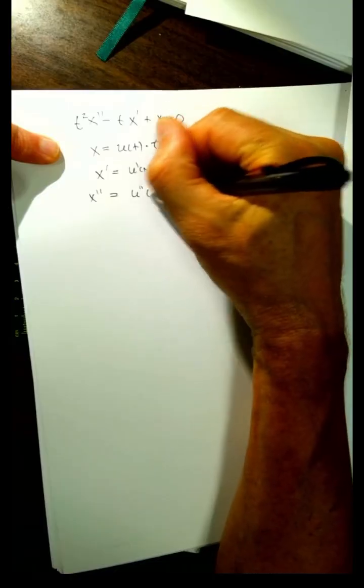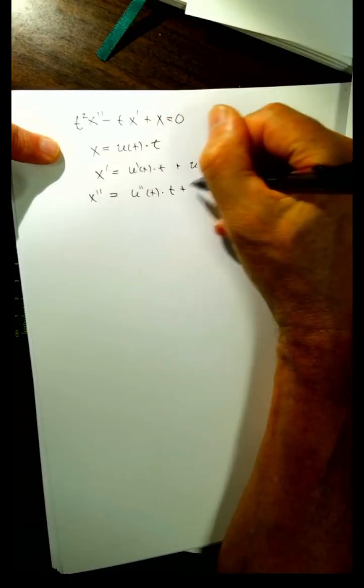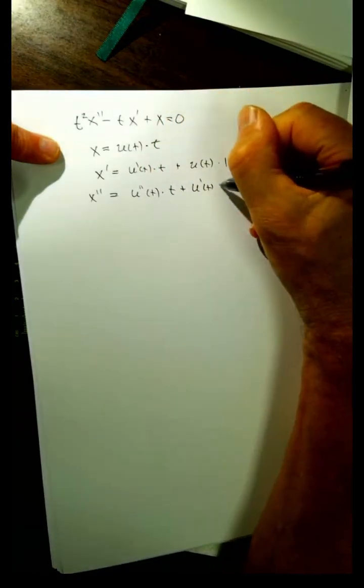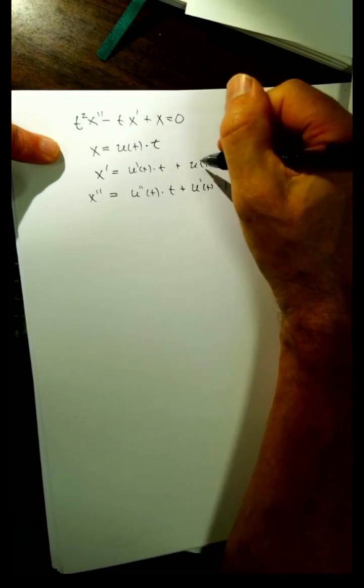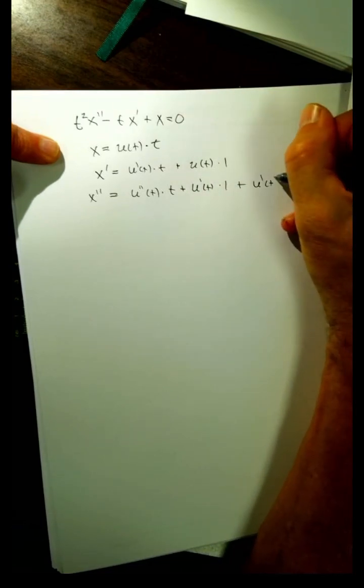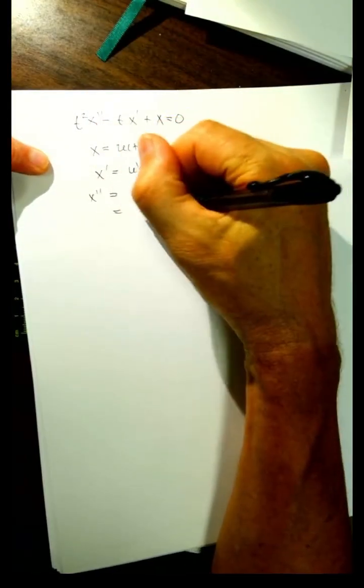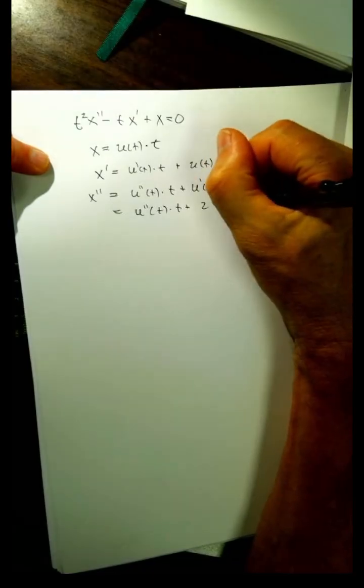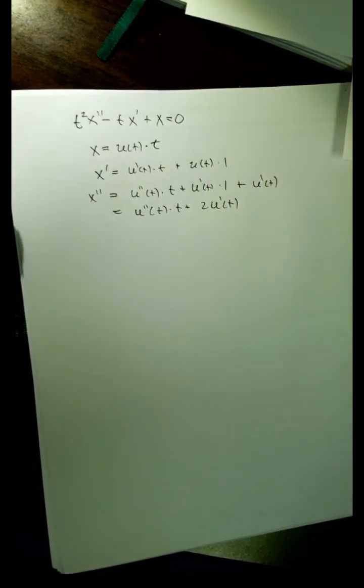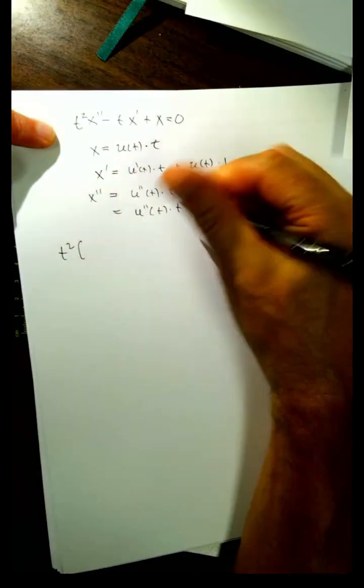So this becomes u double prime times t plus u prime, derivative of t is 1. And now here I don't have to use the product rule anymore because that just becomes u prime. So let's simplify that. So I get u double prime times t, and I've got 2 u primes. If I plug this into my equation, I'm going to have t squared times x double prime.